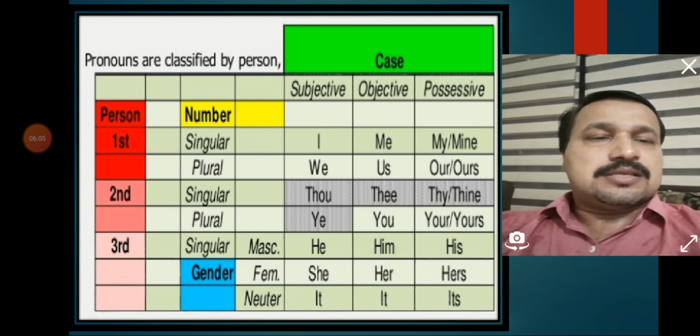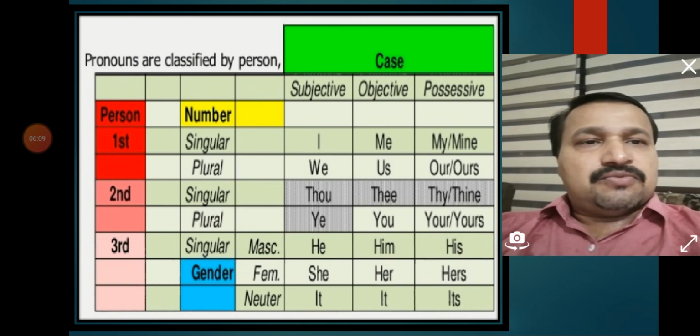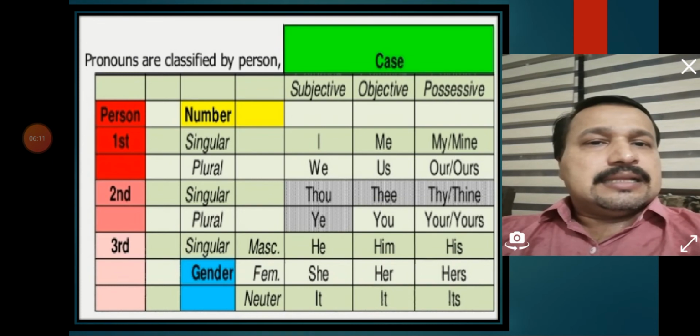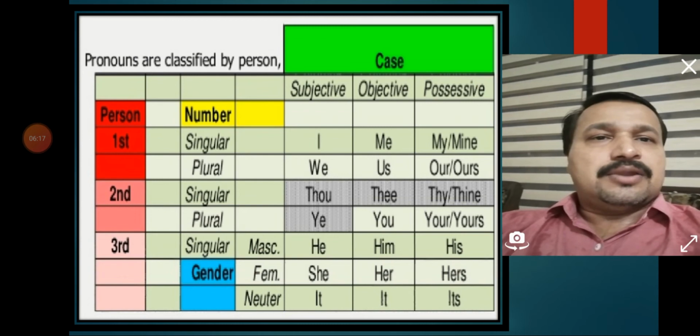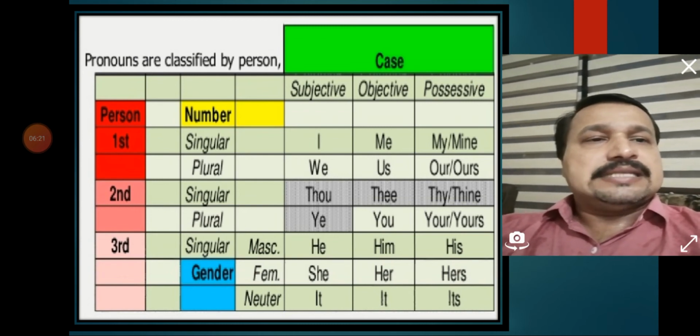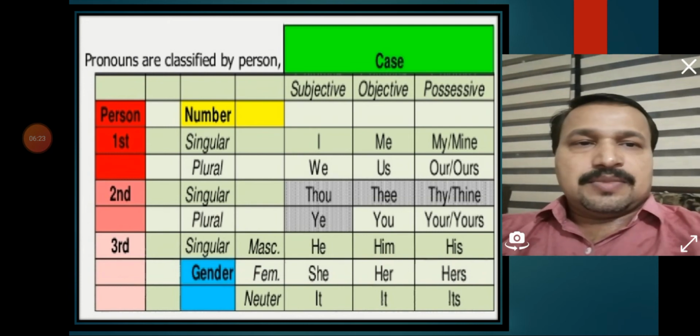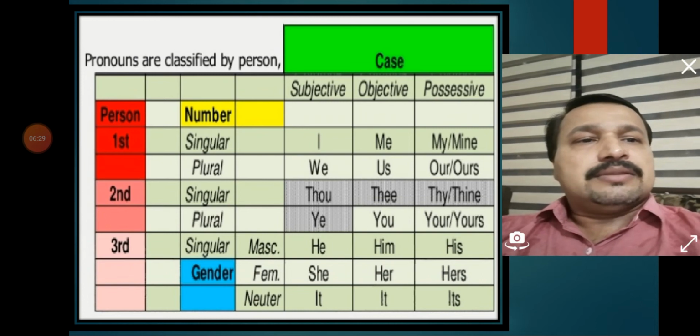Thine or yours is considered to be the possessive form. Then the third person, he, she or it and they are used as subjective form, and objective forms are him, her, it and them. The possessive form will be his, hers, its or theirs.